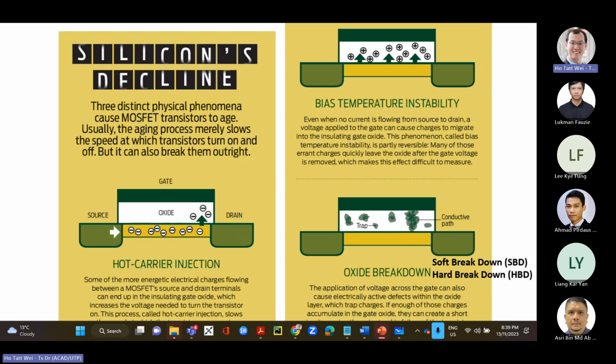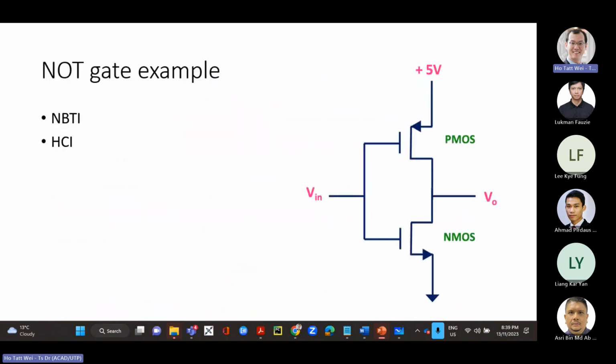Okay, so NMOS transistors will suffer from positive bias temperature instability when they undergo logic 1 for a long time. And the PMOS transistor will undergo NBTI, negative bias temperature instability, if you hold the gate at logic 0 for a long time. Okay, let me give you an example.